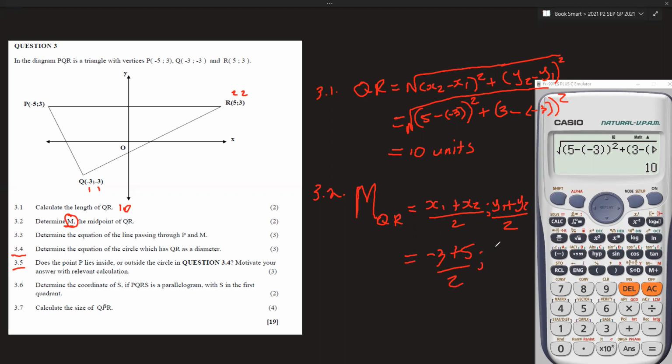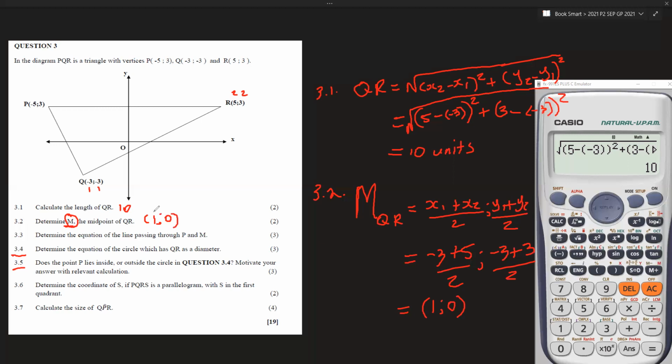And then my y1 is -3 plus my y2 is 3, over 2. And then this becomes 2 over 2, which is 1, and this one becomes 0 over 2, which is 0. And that is your midpoint. So the midpoint is 1 and 0.